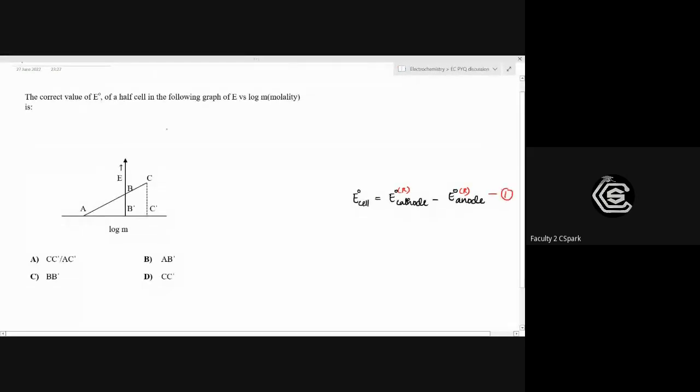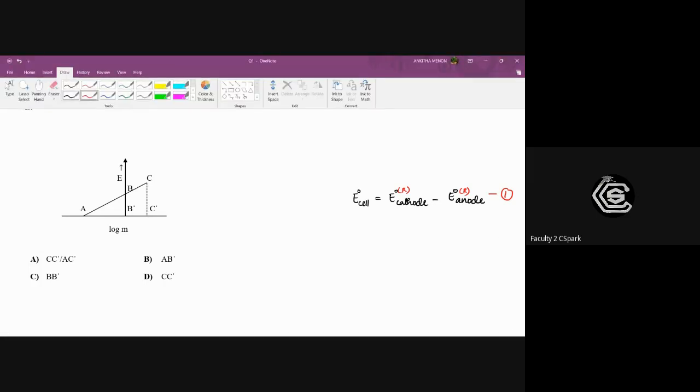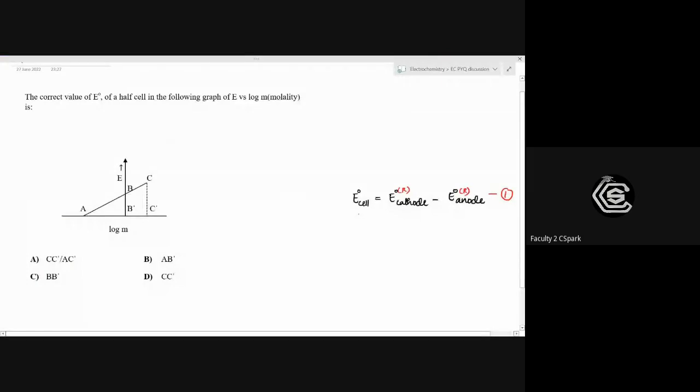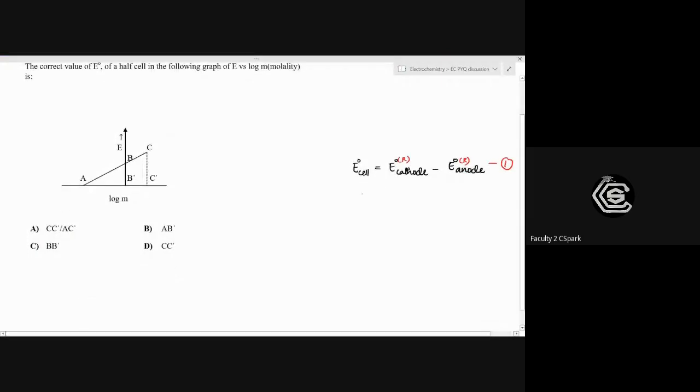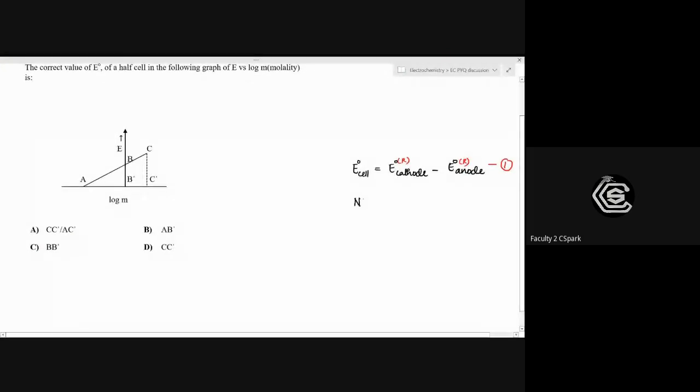What we are asked here is the standard electrode potential of a half cell, where the term E versus concentration comes. So there we'll be using the very famous Nernst equation. This is the Nernst equation expression.